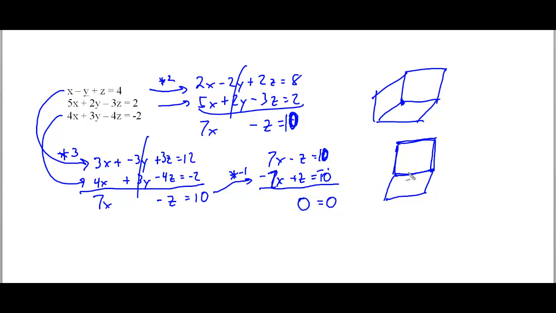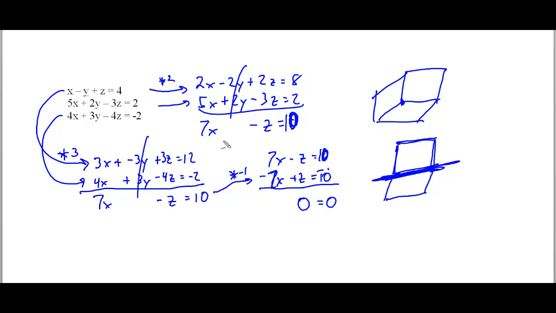But what this means is that this is going to intersect at a line, and this right here, this technical all solutions, isn't really all solutions. It's just there's an intersection on a line here, and we don't know where that line is. So this problem is unsolvable in terms of an X, Y, Z answer, but this is one of those situations where you have two planes that are exactly the same.